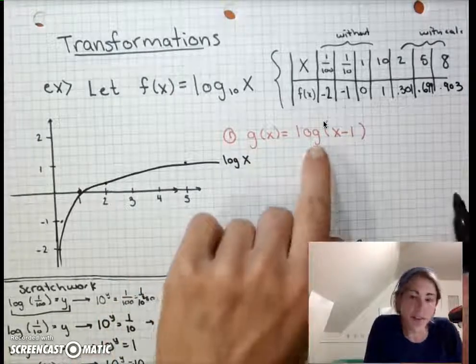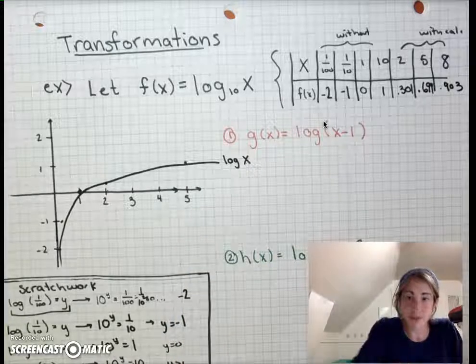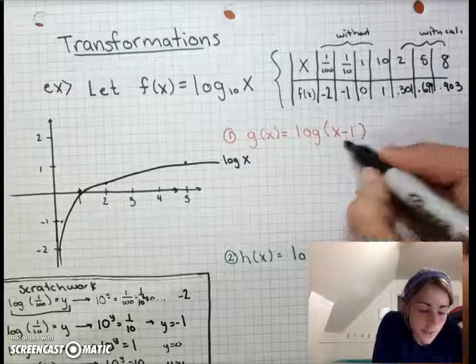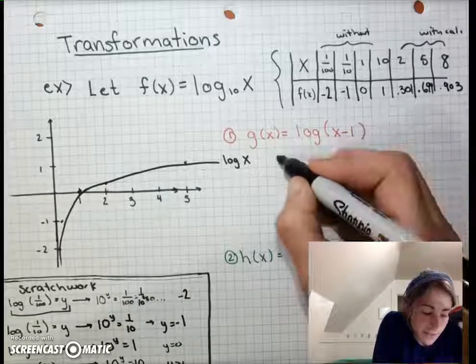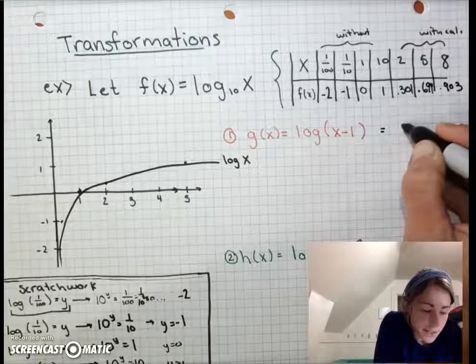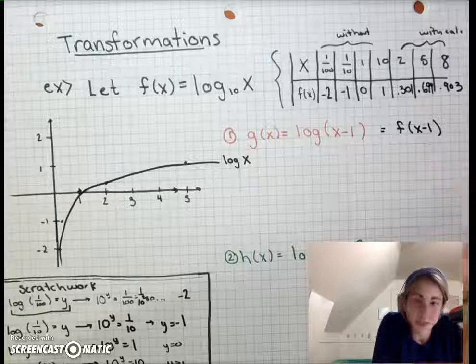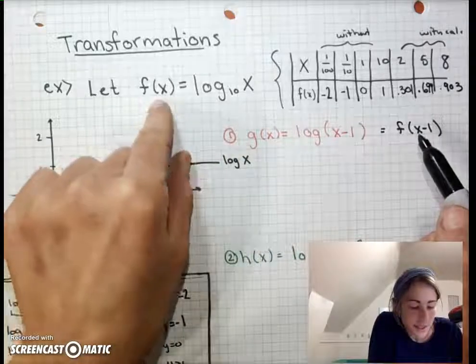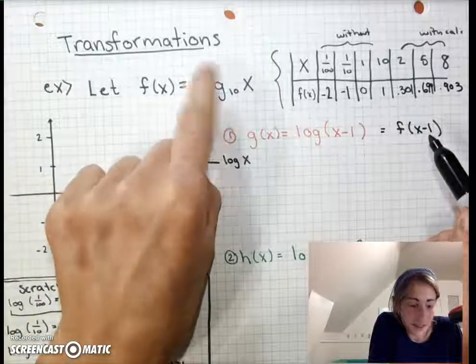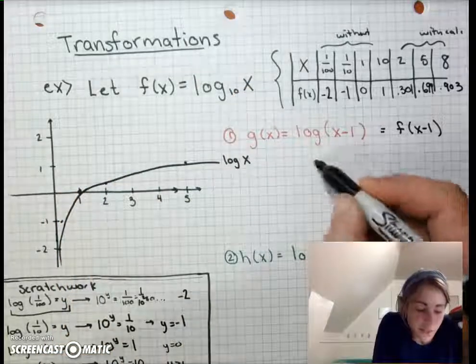Now if I want to graph log of x minus 1, I need to use my transformations to do that. So what I've done, if f of x was log x, then log of x minus 1 is the same as f of x minus 1. Because I took the original function and instead of putting x, I put x minus 1. So what is this?